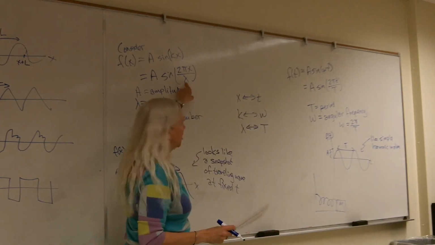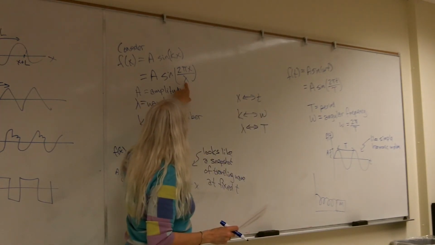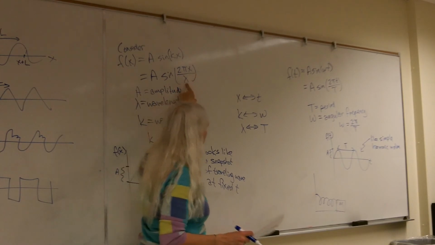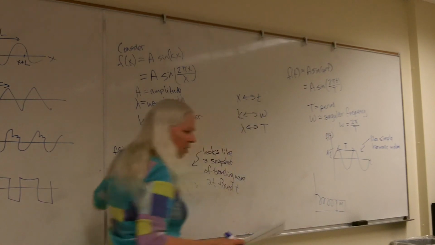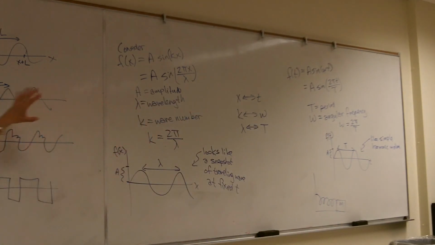In fact, you can see it here too. If you take this expression and you replace x by t and lambda by capital T, you get this expression over here. So really these are two identical situations except for the names of the variables that we're using in the equations, right? Mathematically, these are essentially the same thing.